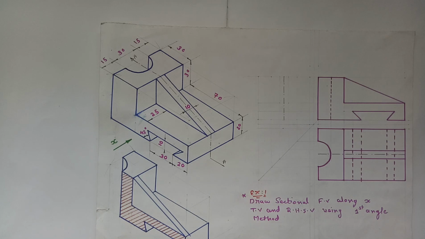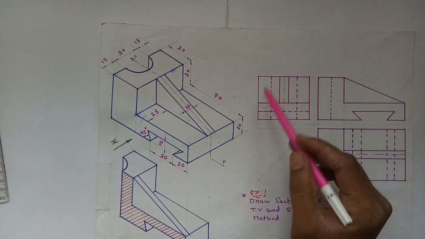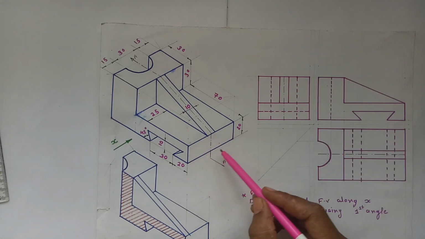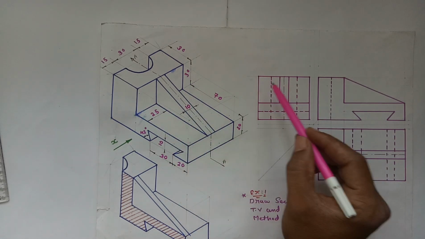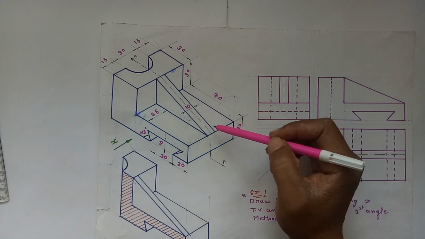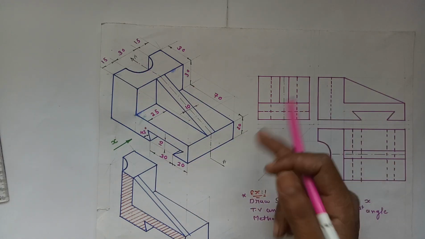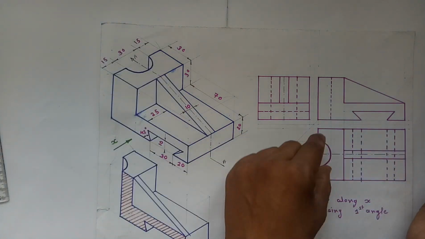This is the top view of the object, and this is the right hand side view of the object, in which we have drawn this part over here, this part over here, and this part. The circular part is not going to be visible in the right hand side view.